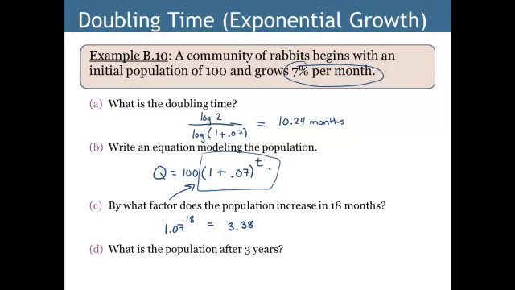T is 7% per month, so t is months. So 3 years is 3 years times 12 months a year. That's 36 months. So 100 times 1.07 to the 36th power. And that is going to give us 1,142.39 rabbits.